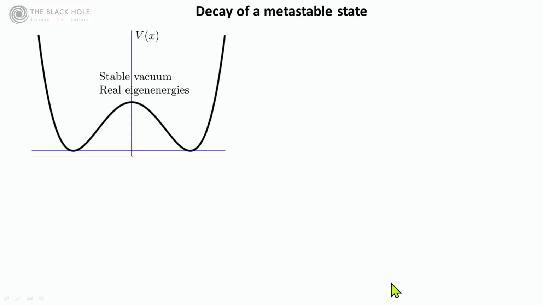Okay, so now we come back to particle tunneling, and we'll talk about the decay of a metastable state. Now, this over here is a potential. It's a stable vacuum. It'll have real eigenvalues. You can see that there is no way that, well, this is just solving the Schrodinger equation with this potential would give you a bunch of real eigenvalues.